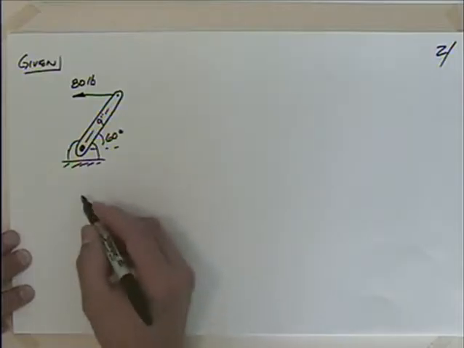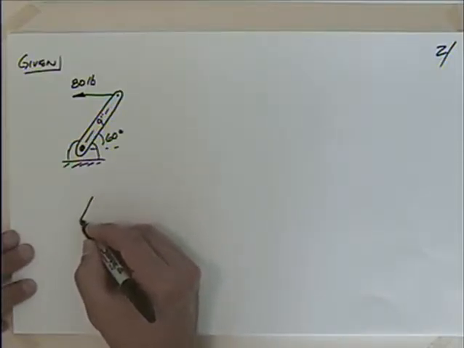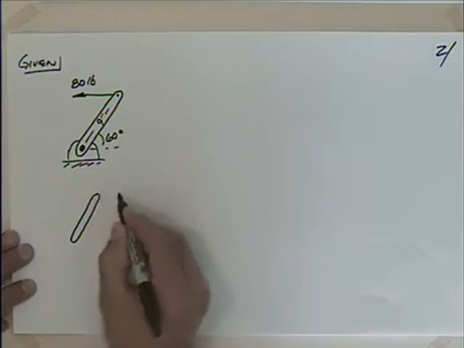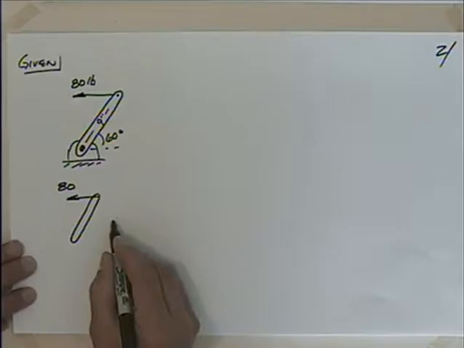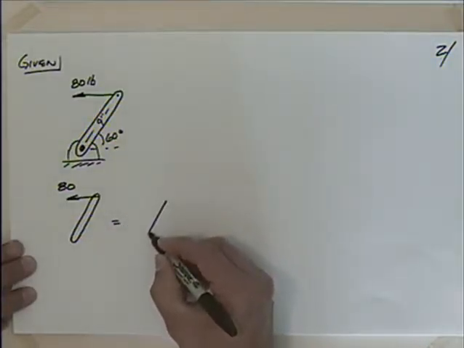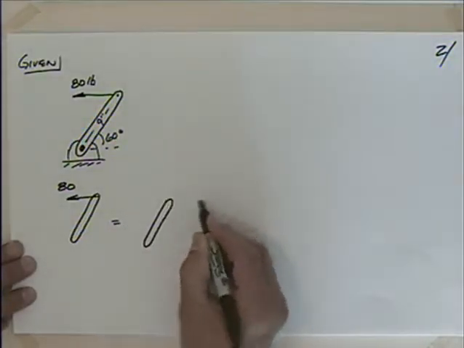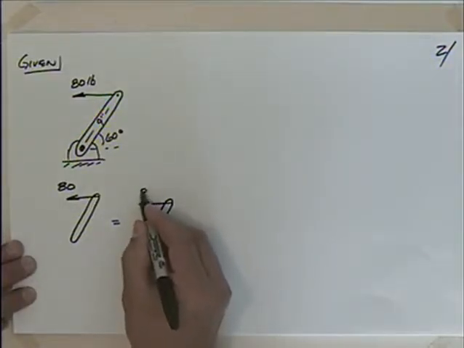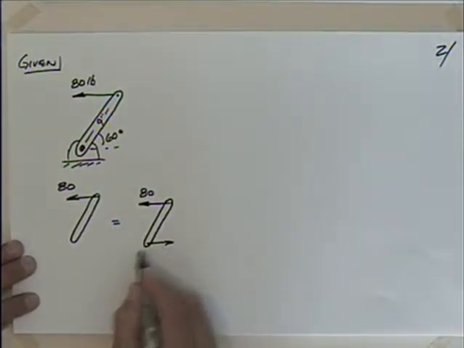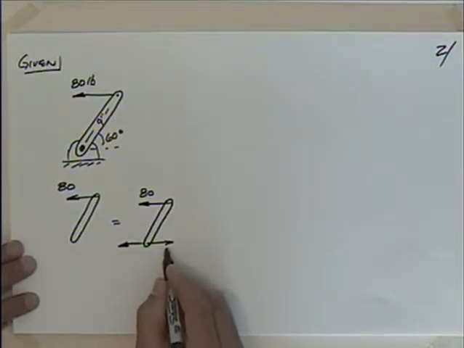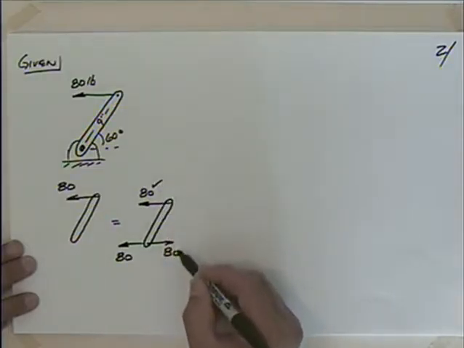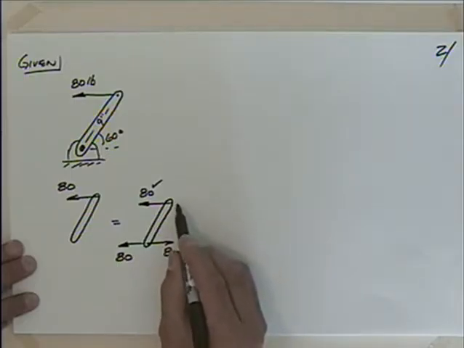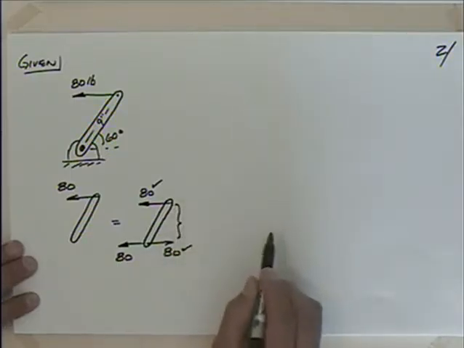So what I could do is take this thing and say that I have this 80 acting like that, and I'll just like in the previous problem, add and subtract 80. So there's 80, and there is 80, and I'm going to take those and those. I wanted to say couple those up, but that would be confusing.